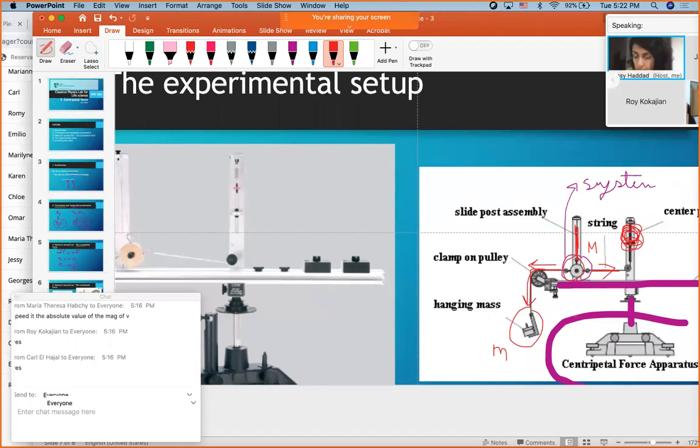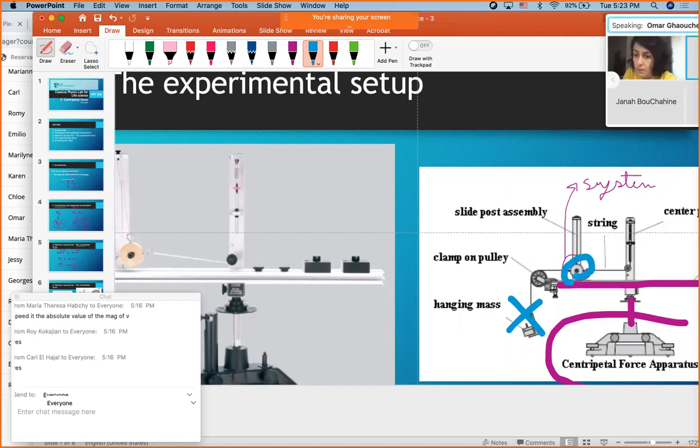All right? My question for Omar is, Omar, are you there? Yes. All right, so Omar, my question for you is the following. What happens if I remove the hanging weight? It goes to the right.